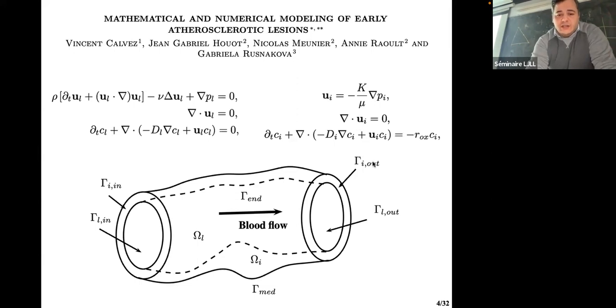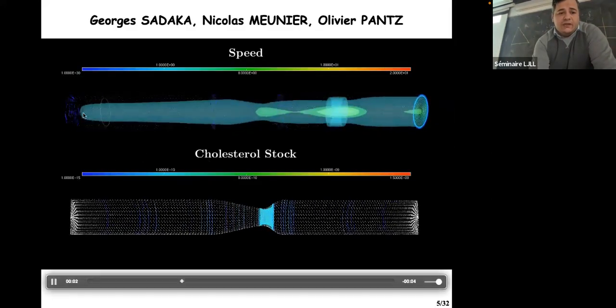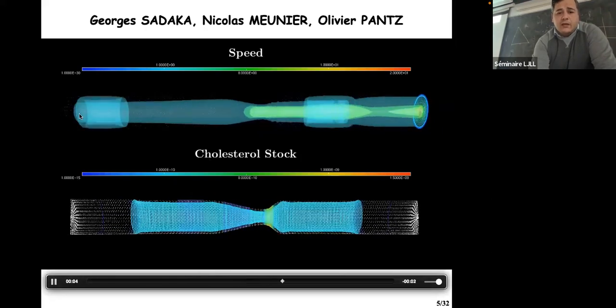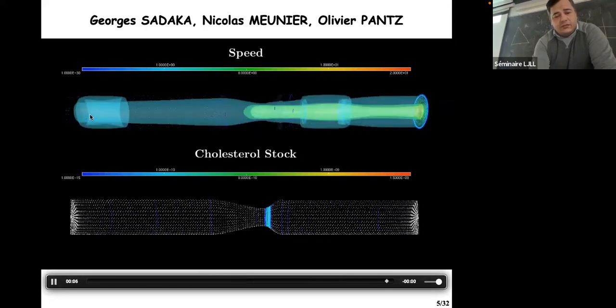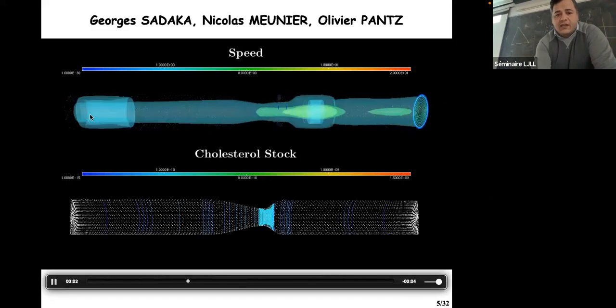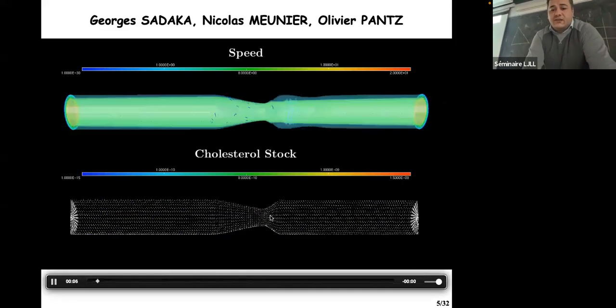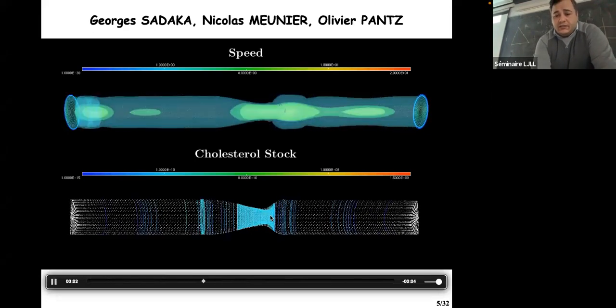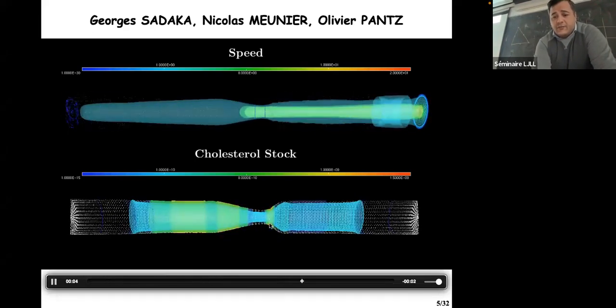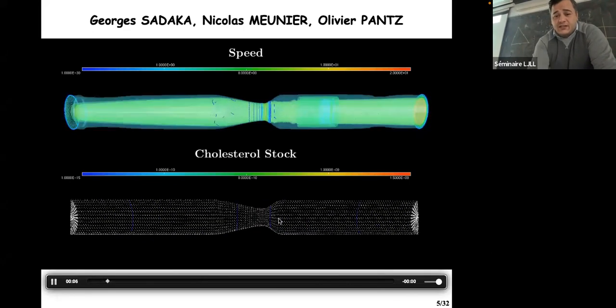And the simulation of this, we have the Navier-Stokes fluid, which goes from left to right. And here the cholesterol is stored here. And FreeFem cannot generate the mesh at the end, and the patient is dead already.